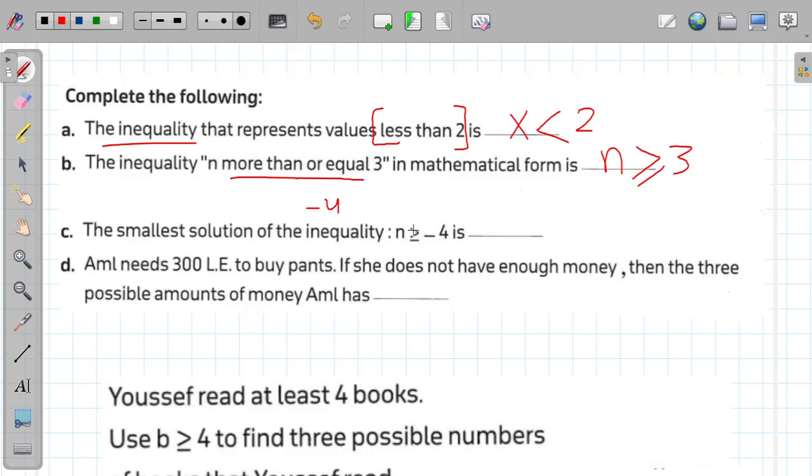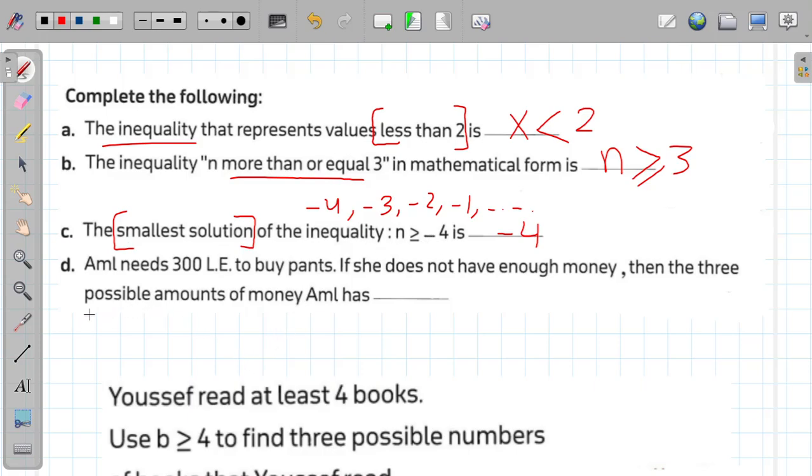N is more than or equal negative 4, so I want numbers that are more than negative 4. So next I have negative 3, negative 2, negative 1, and so on. Okay, but I want the smallest solution. So the smallest solution will be negative 4. Okay, because I'm starting with negative 4 and I want all numbers that are more than negative 4.